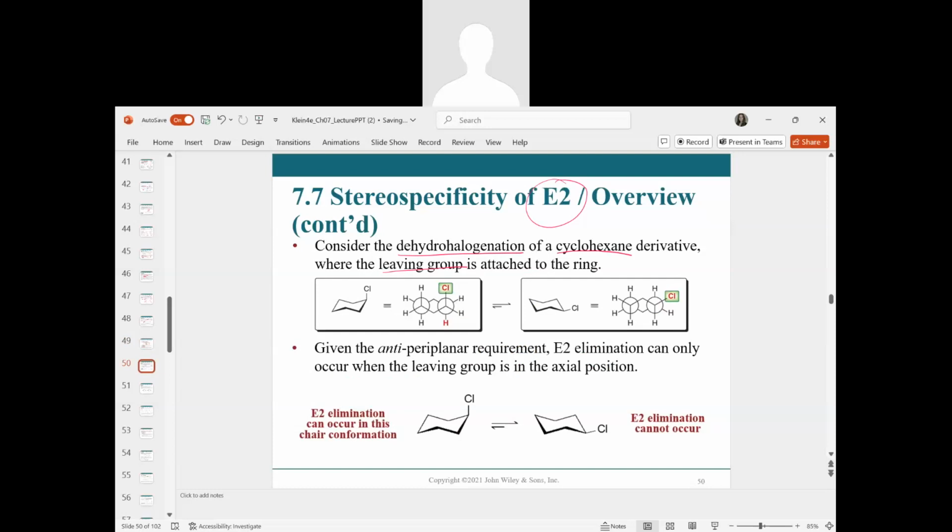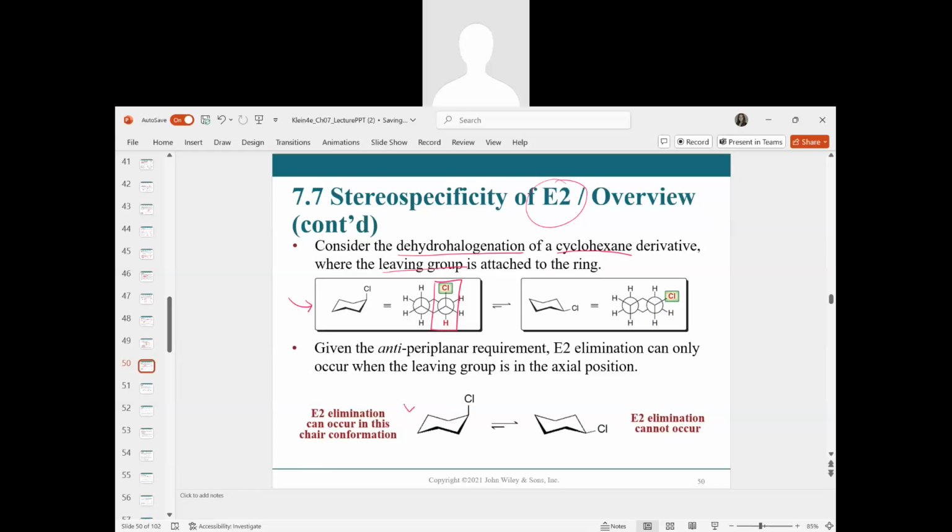So in this first scenario here, we see that our chlorine substituent is axial and pointing up. And we can see in this orientation, if we draw a Newman projection of our cyclohexane derivative, we have the leaving group and our hydrogen in this anti-periplanar positioning.